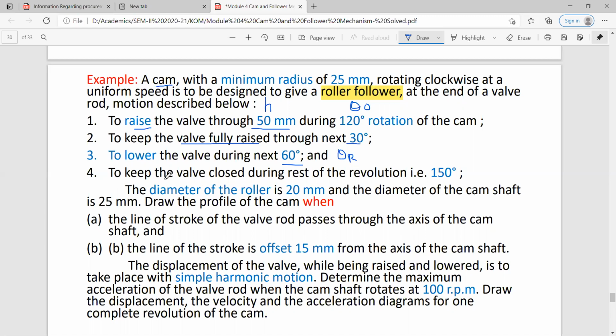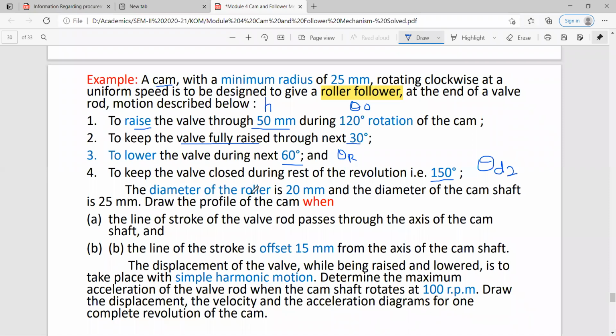Next is to keep the valve closed during the rest of the revolution, meaning when the follower is at its bottom position, the valve will remain closed. So this is your second dwell period equal to 150 degrees. You can call it the angle of dwell.